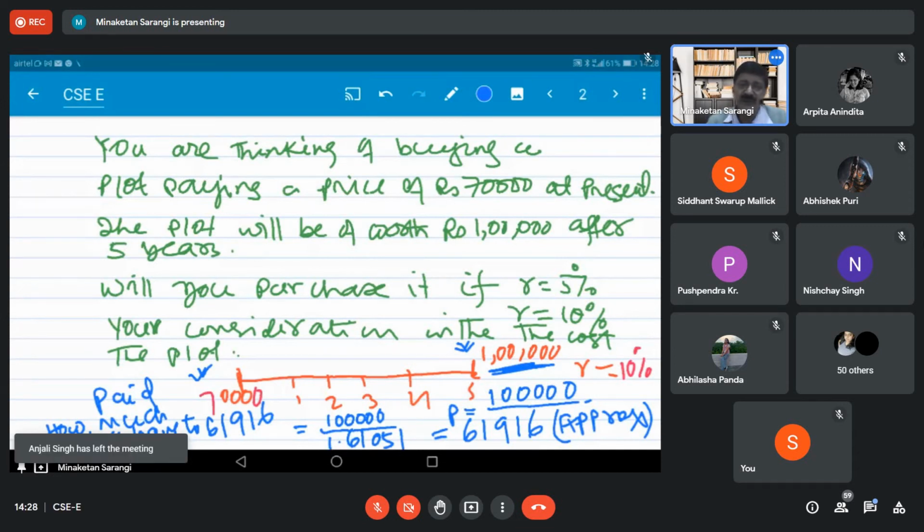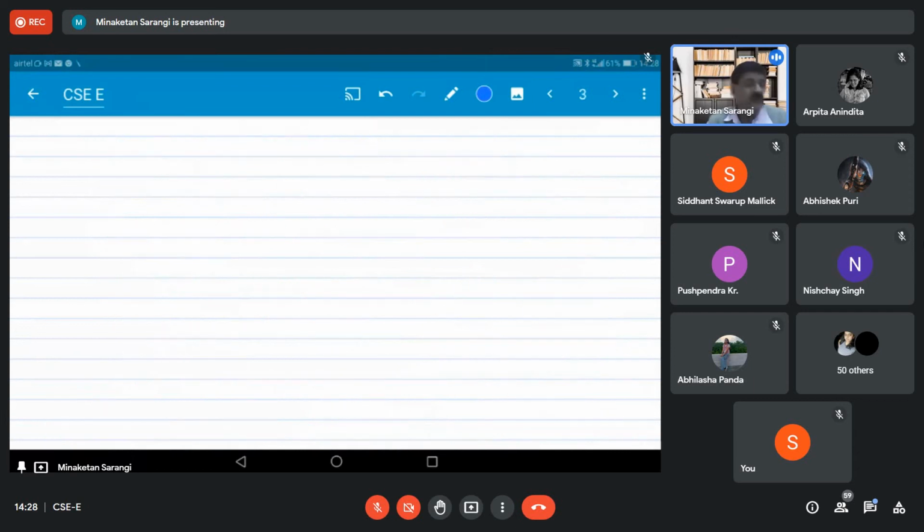Since you are paying more than the present value here, 70,000 against 61,916, if the rate of interest is 10% per annum, then you will not purchase the land. Any question on this? If there is no question, then we'll move to another concept.